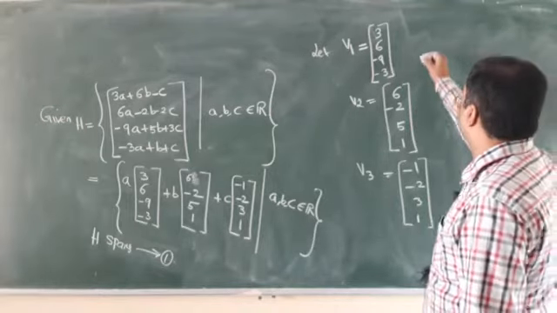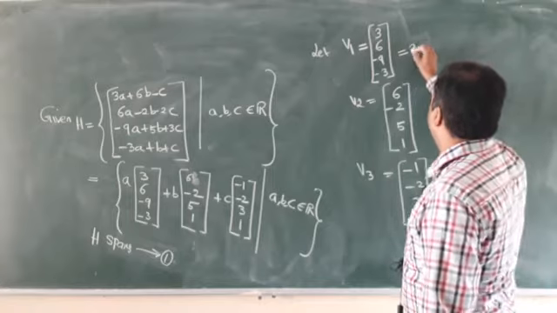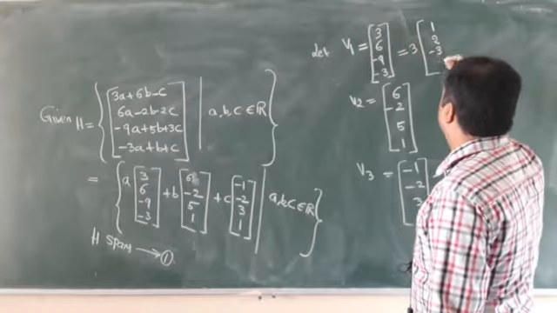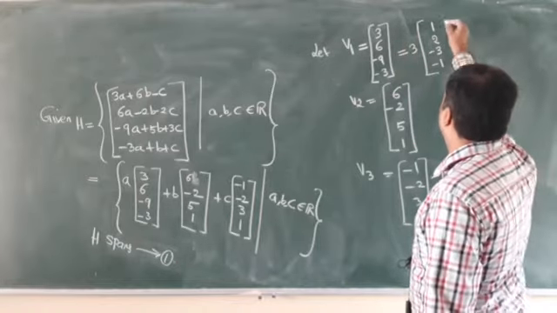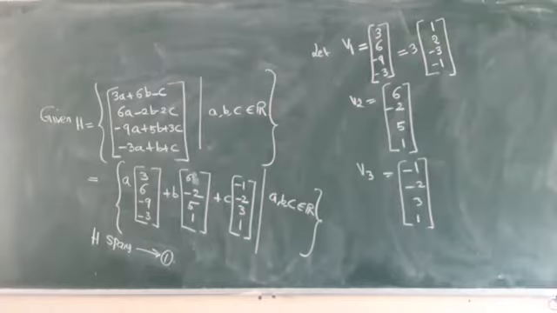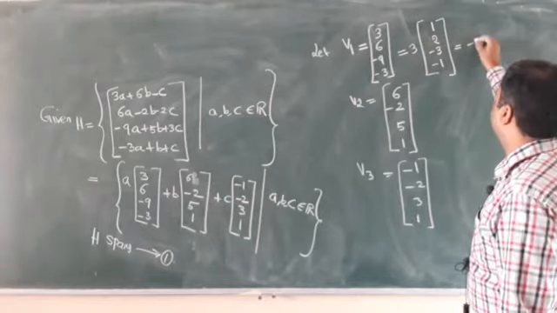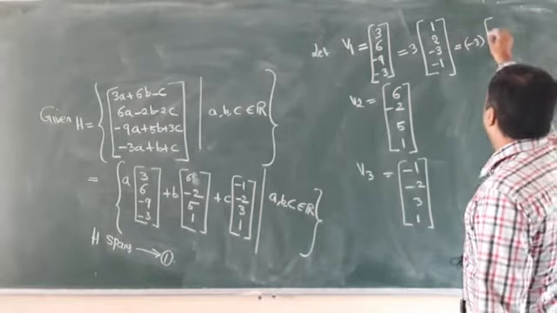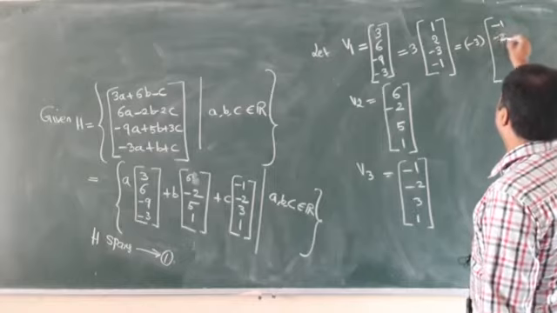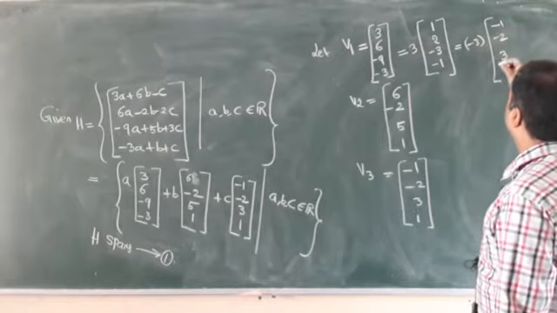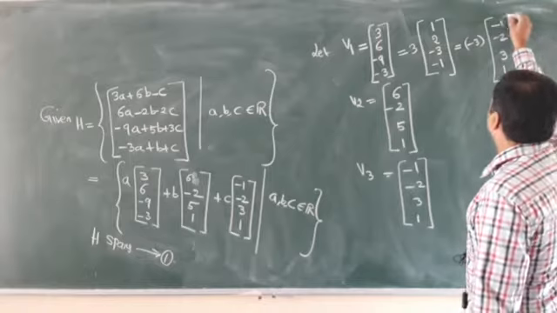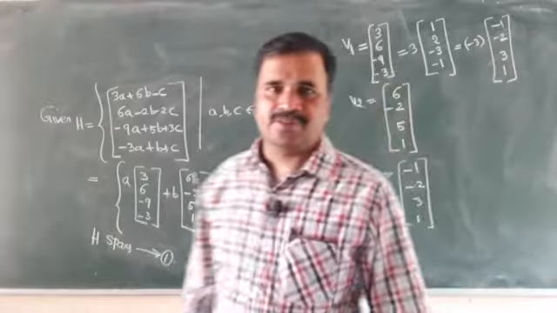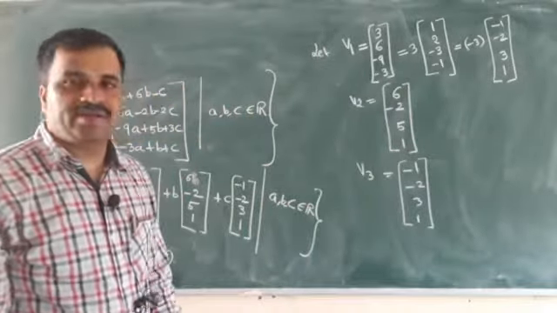Here I can take a multiple of 3 from V1: 3 times 1, 2, minus 3, minus 1. If I take minus 3 times V3, I am getting 3, 6, minus 9, minus 3. So V1 is a multiple of V3. So I can neglect V1.